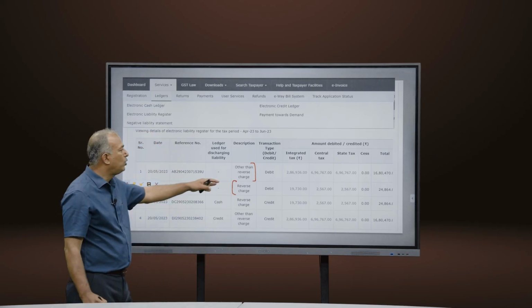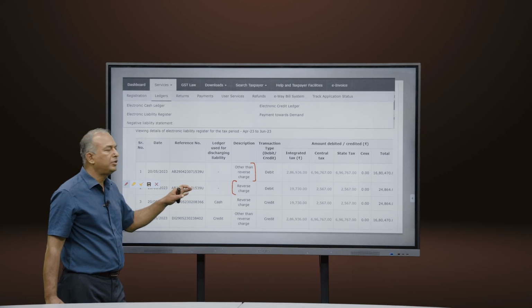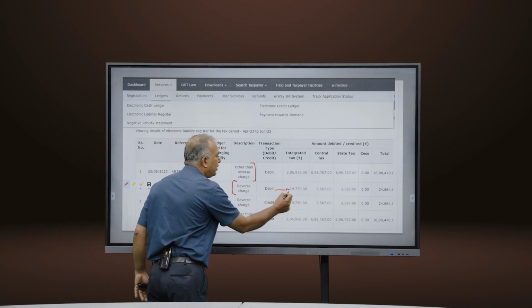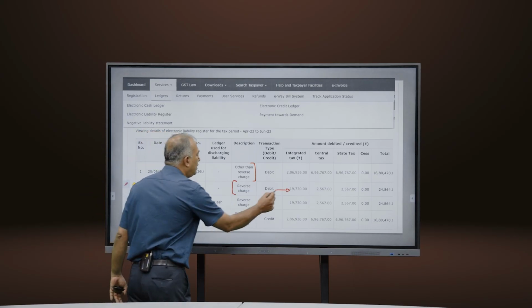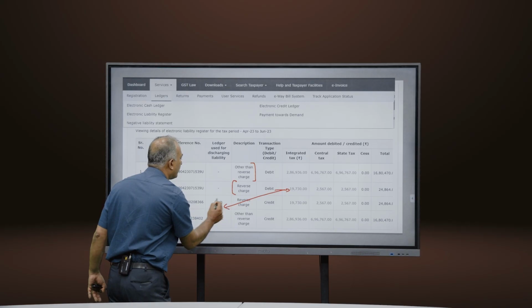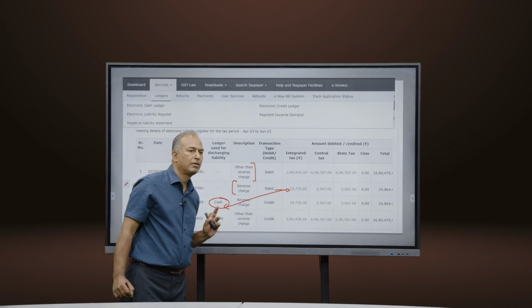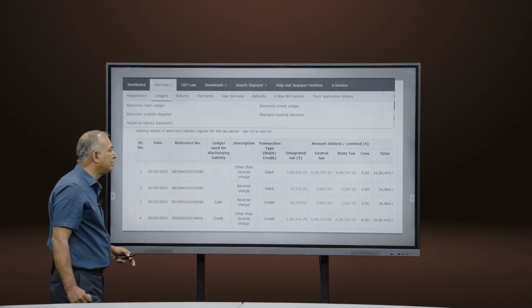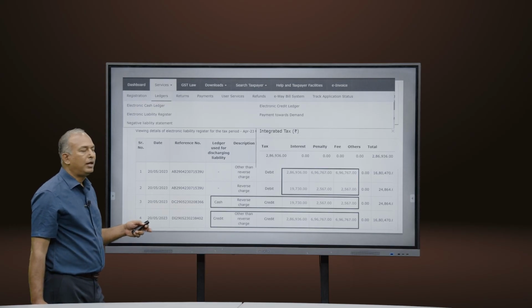It creates two debit entries in the liability ledger, thus ensuring that whatever separate liability is created with reference to the reverse charge has to be paid only from the cash ledger. Can you see? That is another beautiful feature in the system. So it ensures that if there is a reverse charge liability, it gets paid only from the electronic cash ledger.